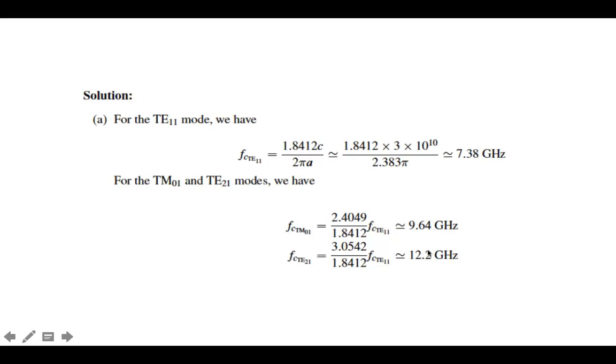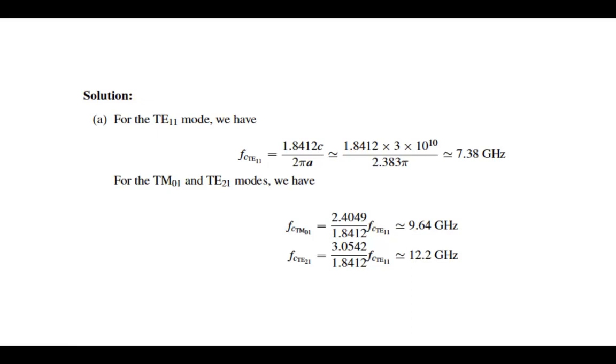So, you could go back to this original formula, re-plug in c and a, and instead of using the 1.8412, you could use the 2.4049 and use this formula three times. Sometimes this book author does things in a weird way. He seems to love ratios, so he's basically solved for this one using a ratio problem.